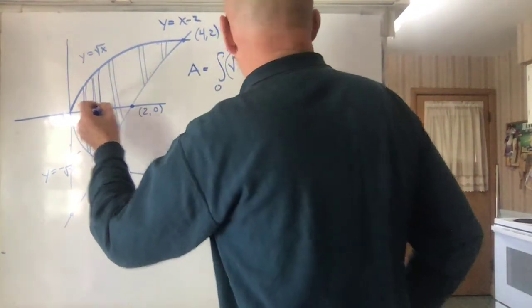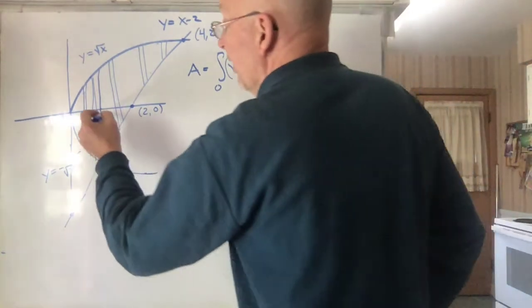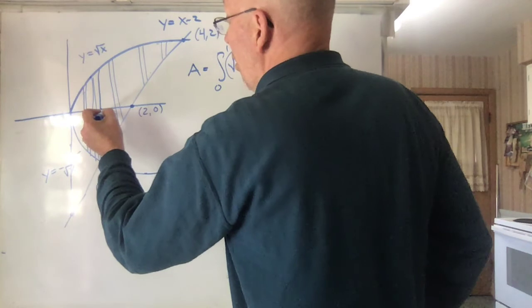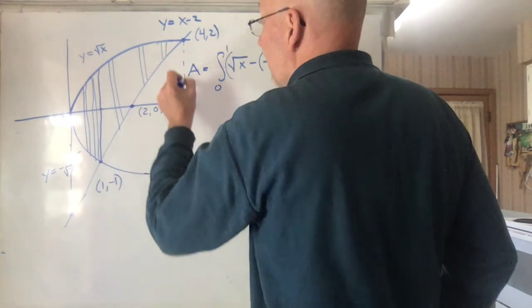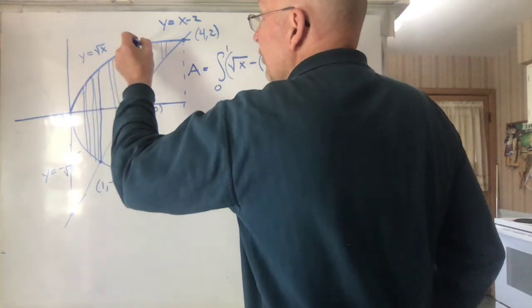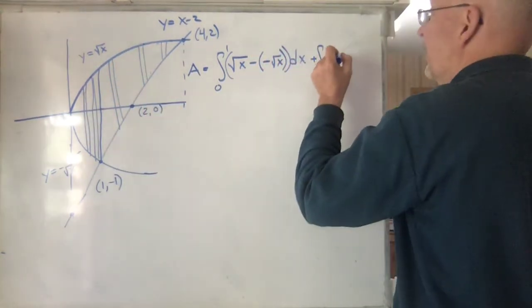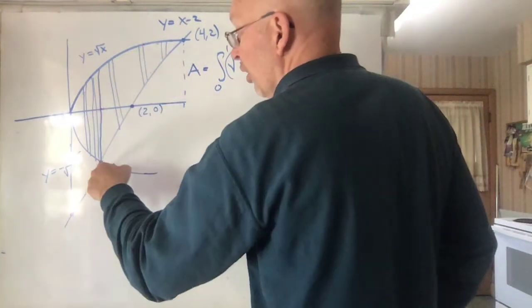Once we pass 1, then from 1 all the way to 4, here's 4 right here, what are we doing? The larger value is now the square root of x again, and the smaller value is no longer this function.